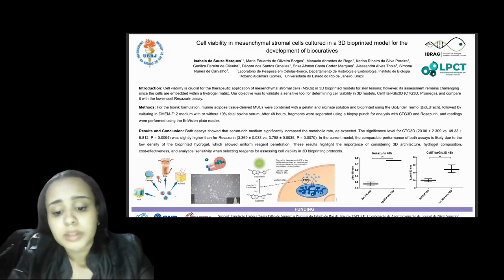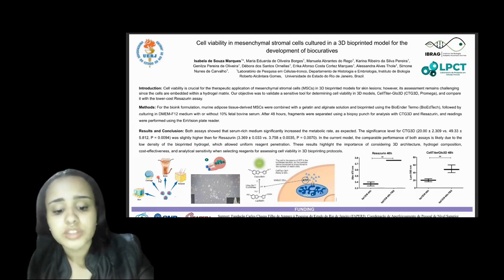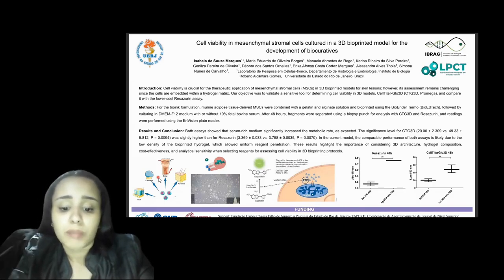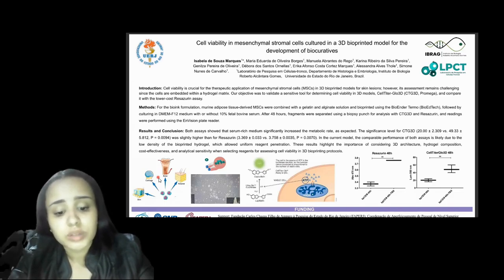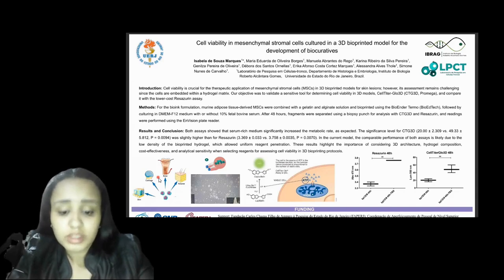And cell viability is another concept that refers to the ability of cells to remain functional in a specific environment. And for therapeutic applications such as the development of biocuratives for skin lesions, this is crucial in order to achieve right yields.